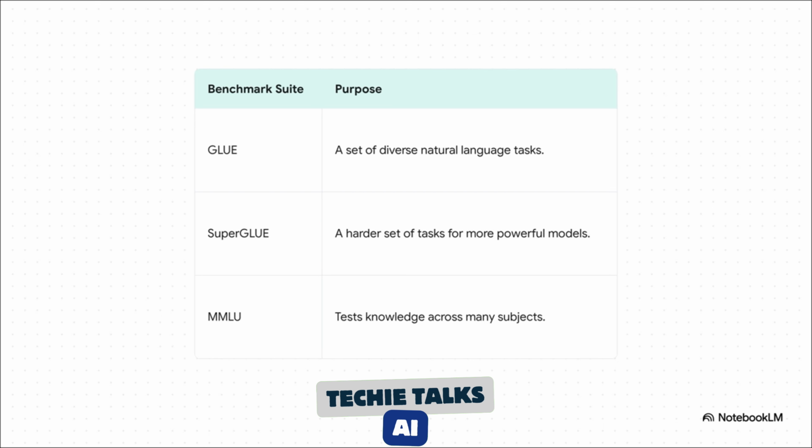Seriously, things like GLUE, SuperGLUE, and MMLU, they're like standardized obstacle courses. They're packed with a huge range of tasks, designed to test pretty much everything, from basic language skills all the way to complex reasoning in subjects like history, law, even math. If an AI does well here, it's a great sign that it has really broad general-purpose smarts.